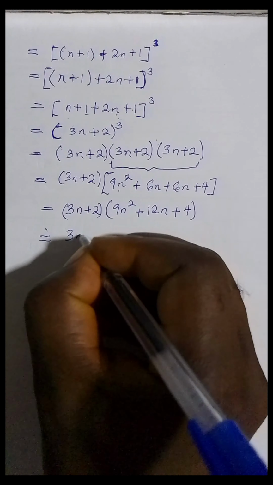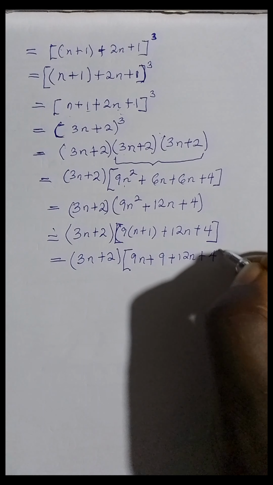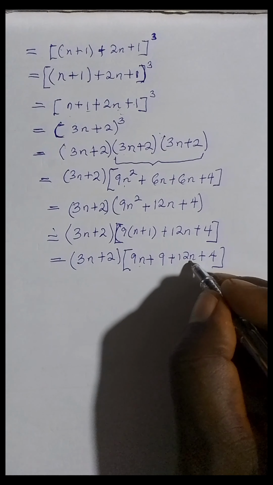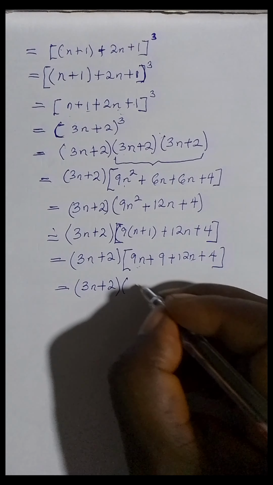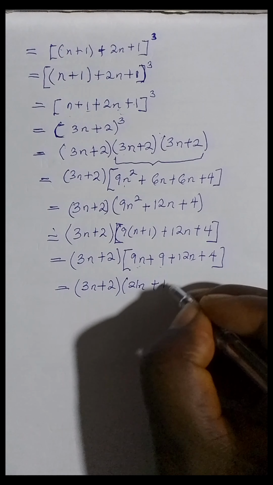So this will further give 3n plus 2, open up this bracket, will give me 9n plus 9 plus 12n plus 4. Now 9n plus 12n will give me 21n, 9 plus 4 will give me 13.